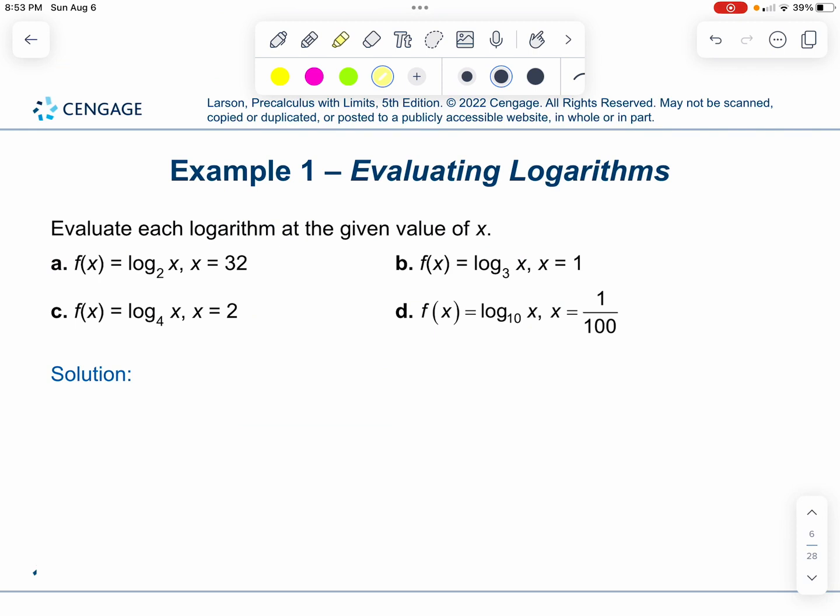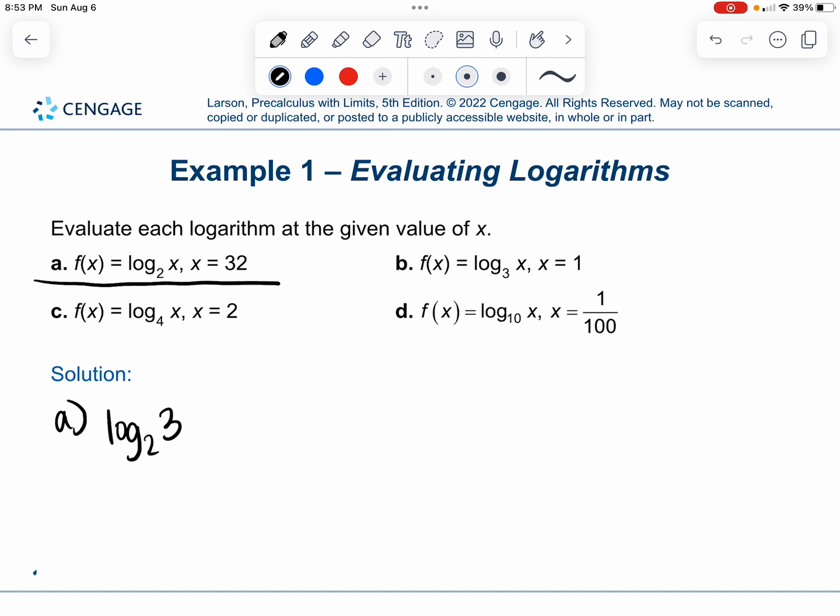So here it says, evaluate each logarithm with the given x value. I'll start with part A. It says log base 2 of 32. What does that equal?